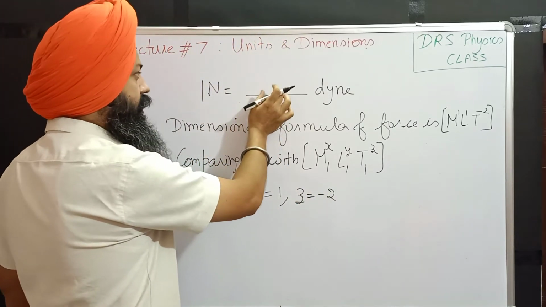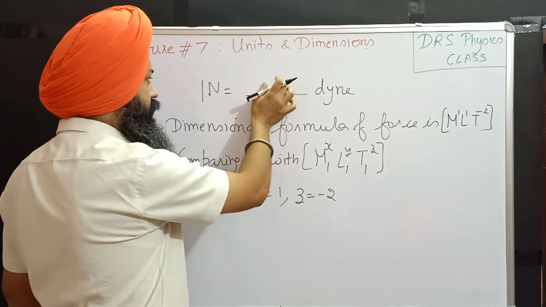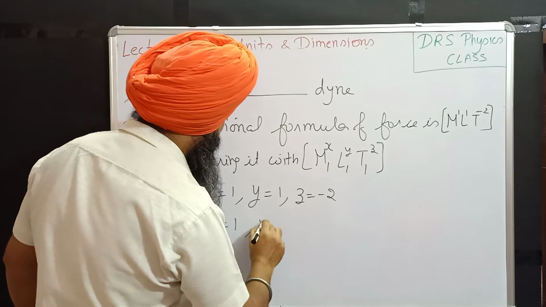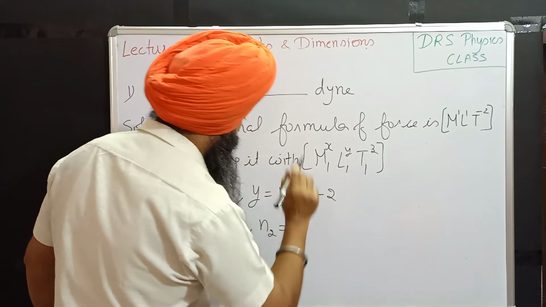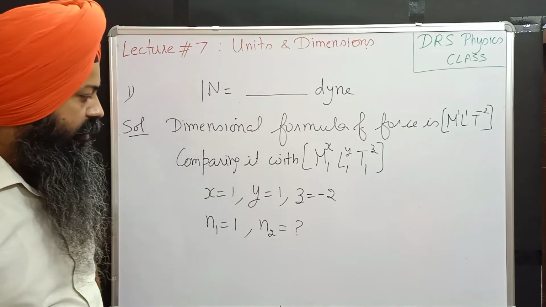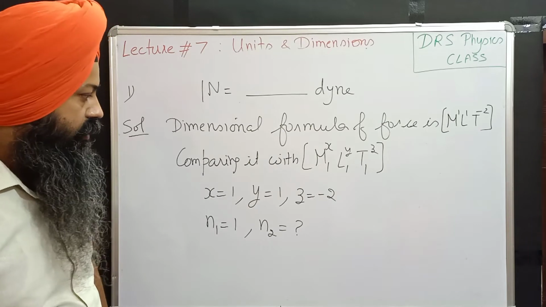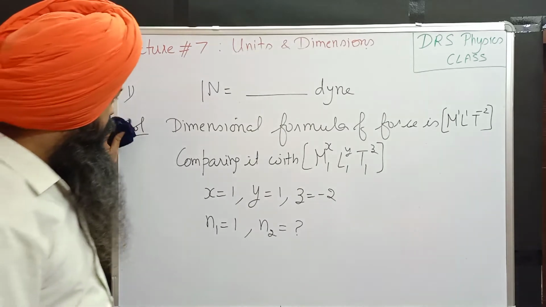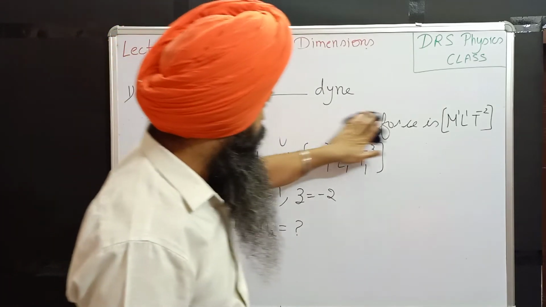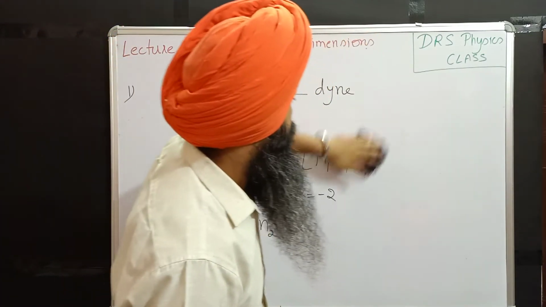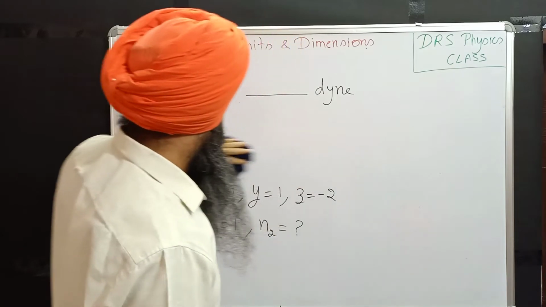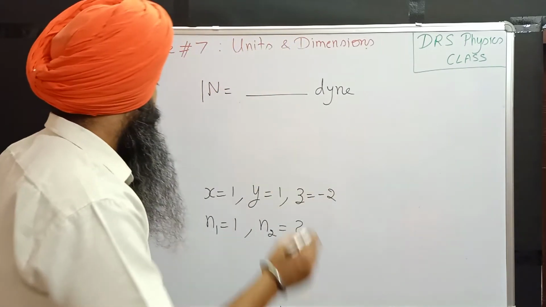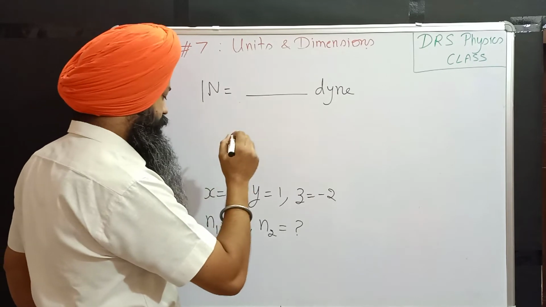N2 is to be found here. N1 is given here, N1 is 1, N2 is to be found. So what is the formula we have written just now? Let us put these values in that formula. Keep your copy and pen with you and solve along with me. That would be more beneficial.